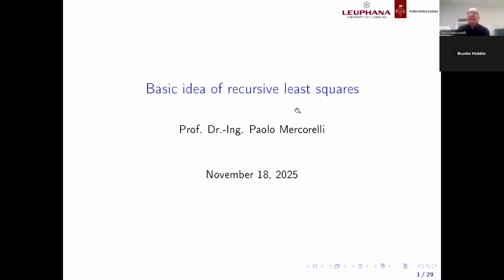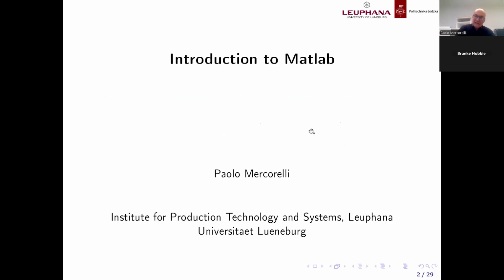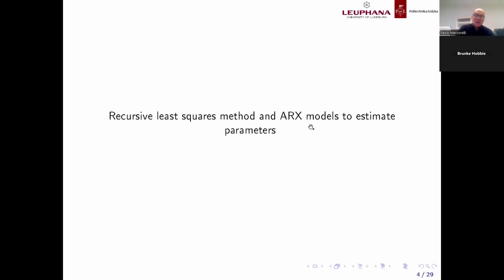You remember the basic idea of recursive least squares. The topic is in the context of identification, and this is a method, I would like to say, quite known. In order to give an idea about this, I considered an autoregressive exogenous model.